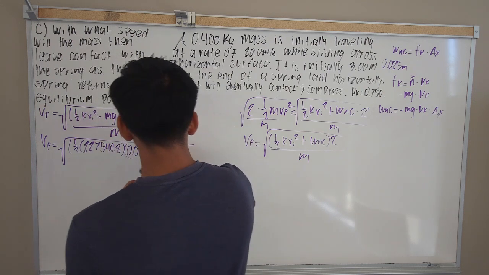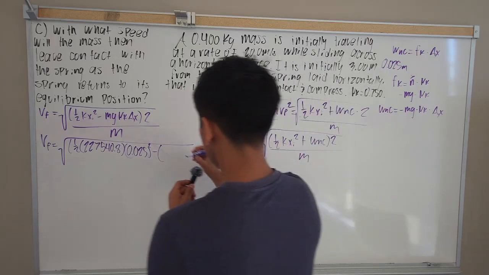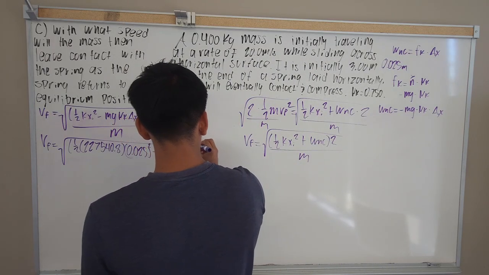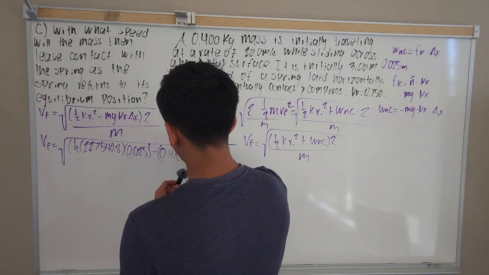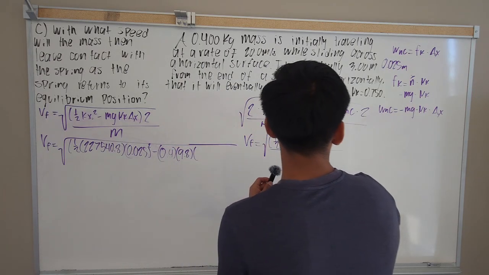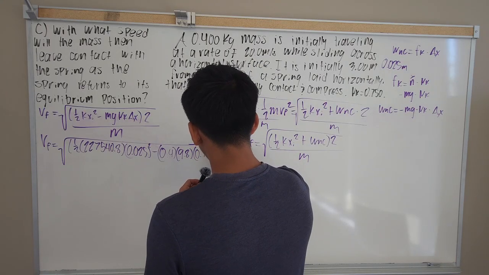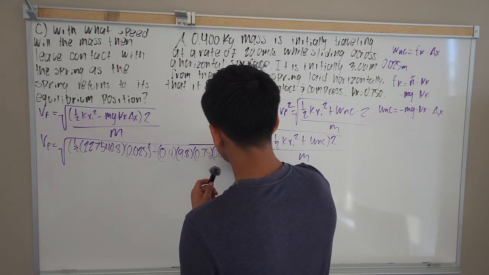The mass of this object is 0.4, gravity is 9.8, mu k is 0.75, and then the delta x is 0.025.